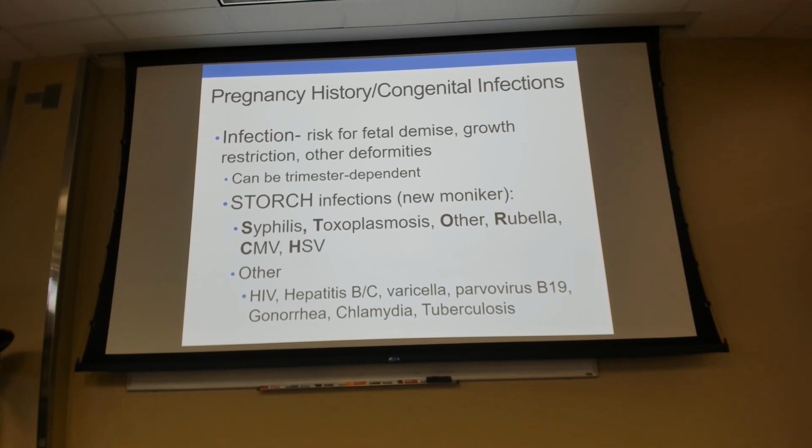I always say that I learned these as the TORCHES infections, and the S was at the back end. Well, S stands for syphilis, and syphilis has made such a large re-emergence that we have moved it back to the beginning, and it is now the STORCH infections, not TORCHES.